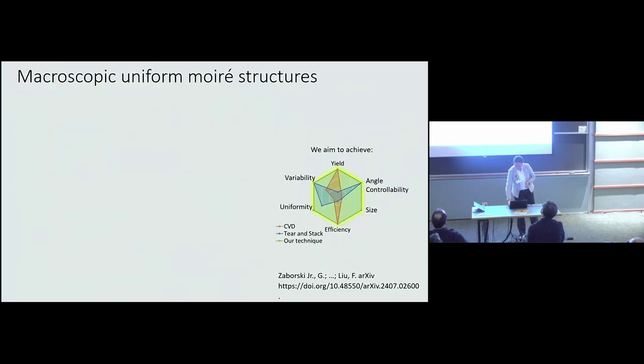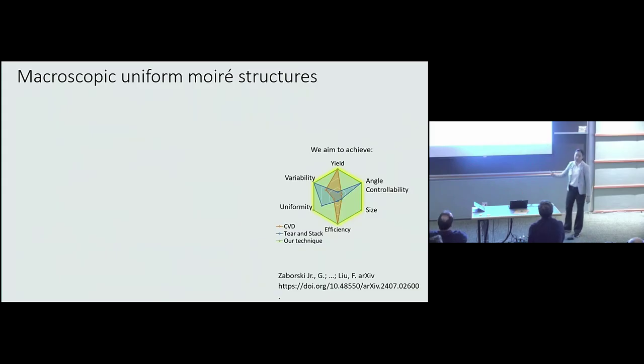So, as I have shown you, beyond the monolayer, the twisted bilayer is very exciting, and there are a lot of opportunities you can think about for the moiré structures. First, the current challenge of making moiré structures is, if you start from the Scotch tape exfoliated monolayer, it's very small and the yield is extremely low, but the quality is usually better.